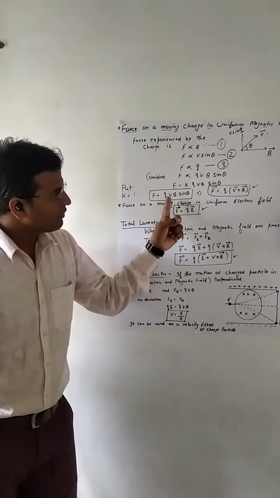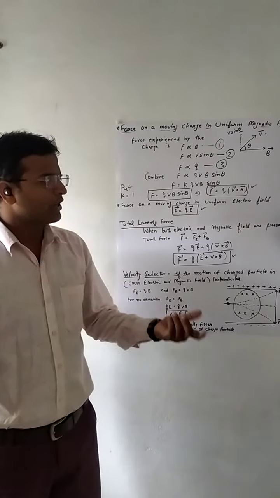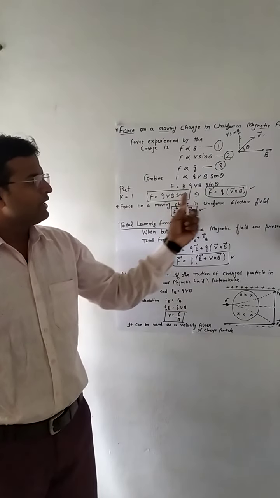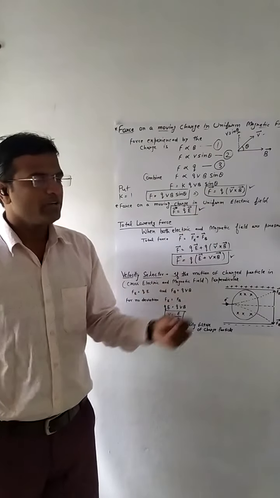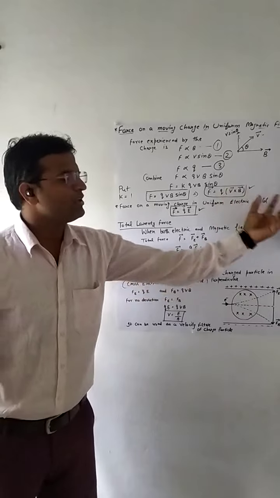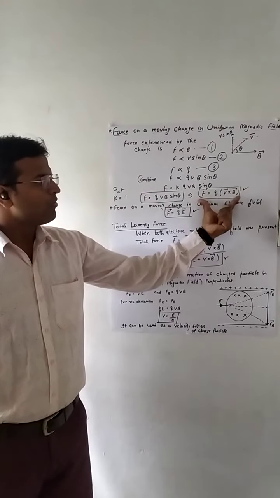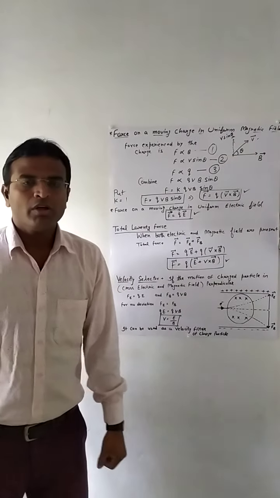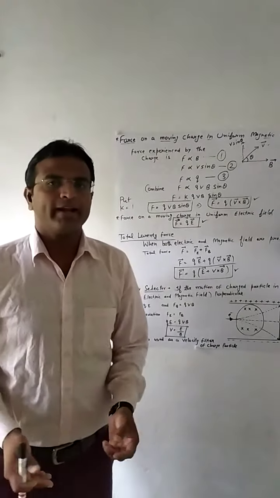We know that velocity and magnetic field are vector quantities, so we write it as a vector product: F vector equals Q V vector cross B vector. This is the vector form of force acting on a moving charge placed in uniform magnetic field.